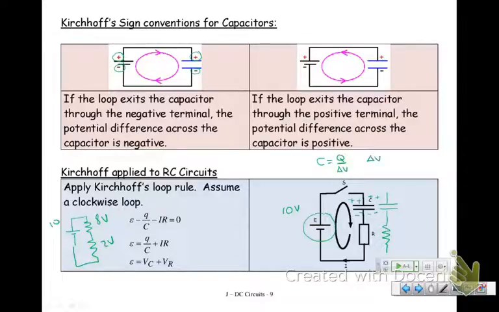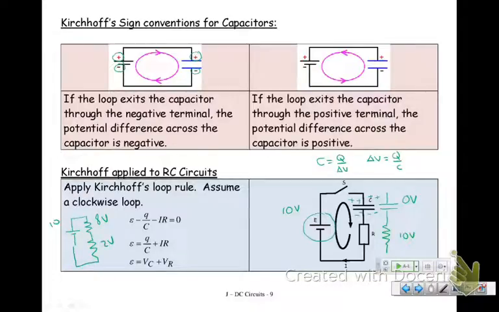So delta V is equal to Q over C. If I have no charge on my capacitor, then I have no voltage. So in that first instant, I have 0 volts on here, which means there are 10 volts across here, because it's got to be somewhere.